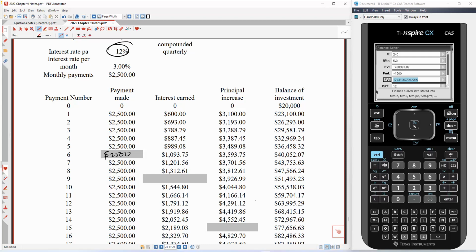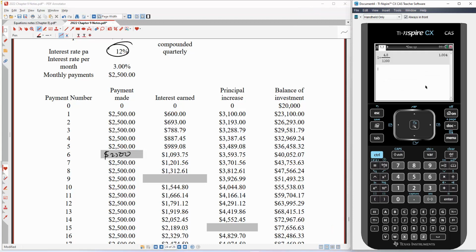So this one here, we're going to go back to our calculator. And I know it's 12 over 100 times 12, which is 1,200, times this figure here.